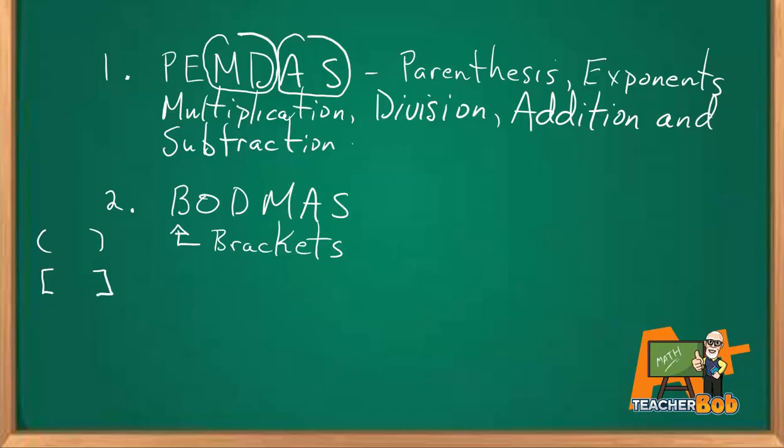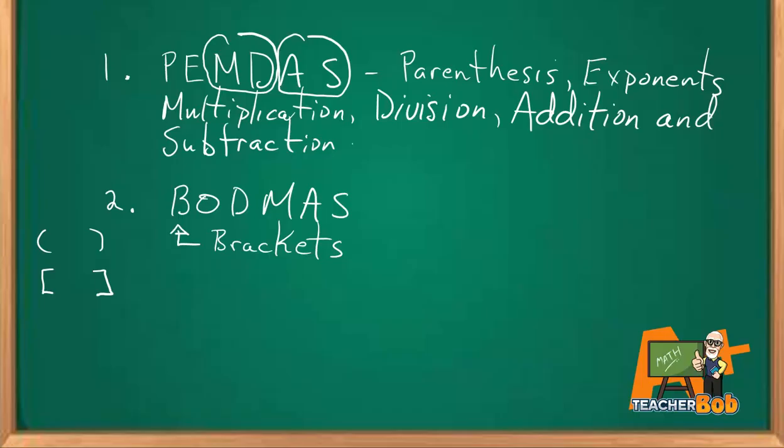Looks like the end pieces of parts of a box. But for our order of operations, we're using them interchangeably, and even calling parentheses brackets. Then O is orders, then division and multiplication, addition and subtraction. So the orders is referring to the exponents.